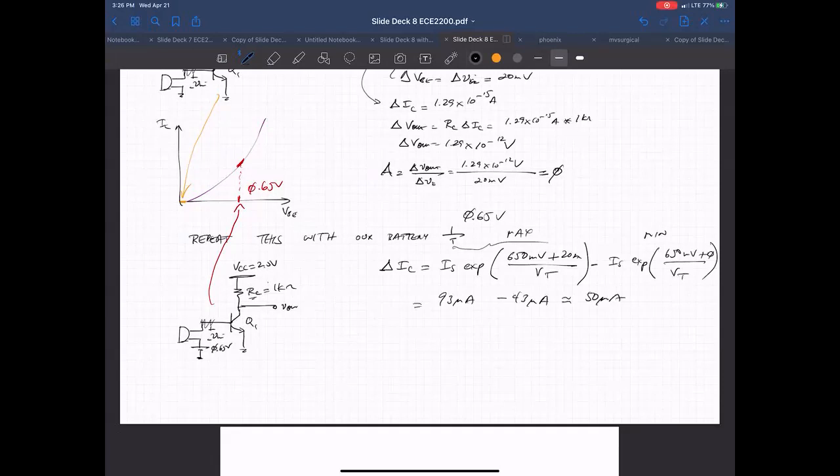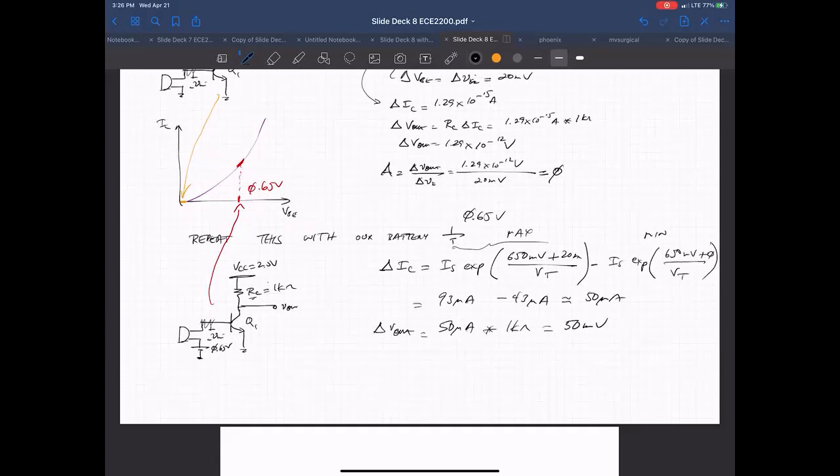Now, if I want to look at the change in my output voltage from this change in current, I multiply that 50 microamps times the kilo ohm, and I end up with 50 millivolts.